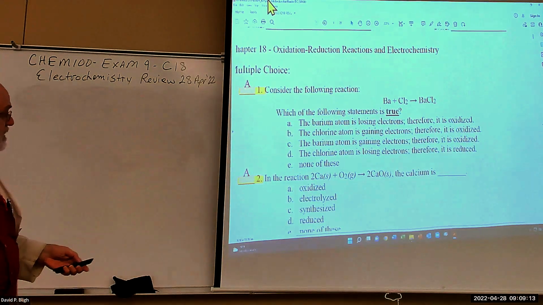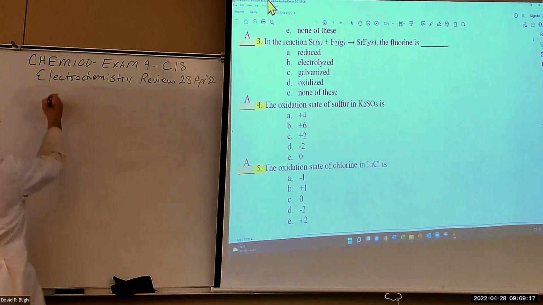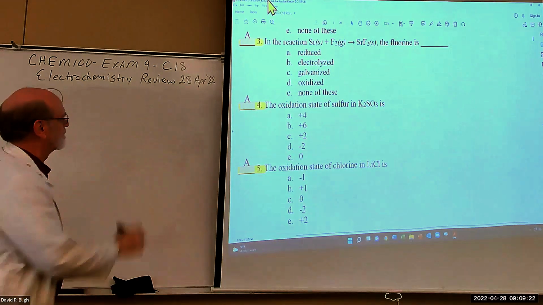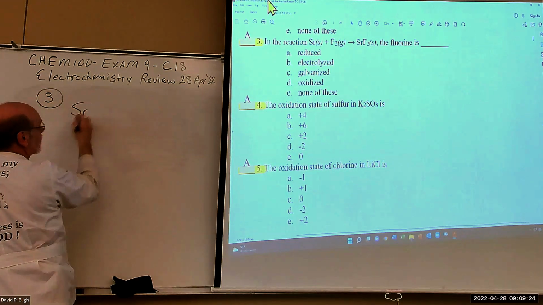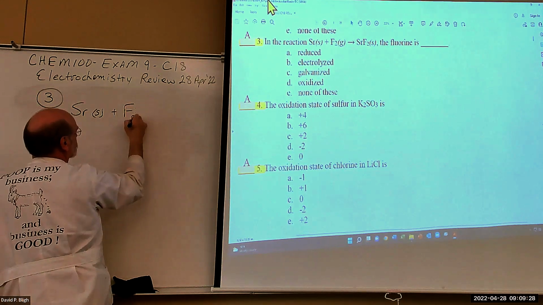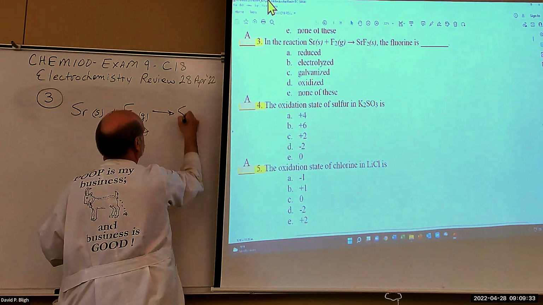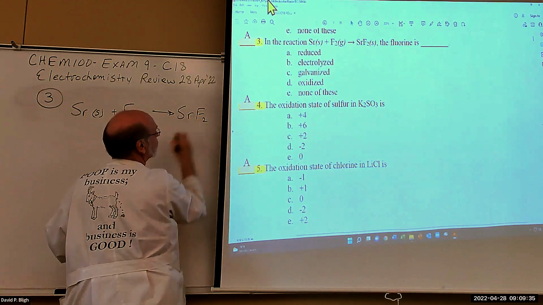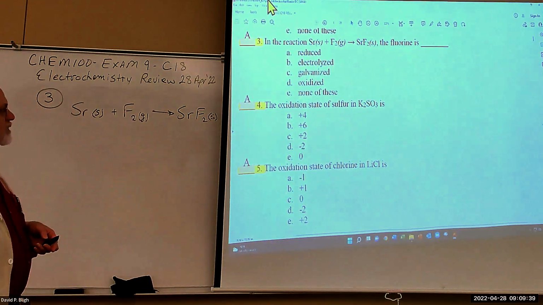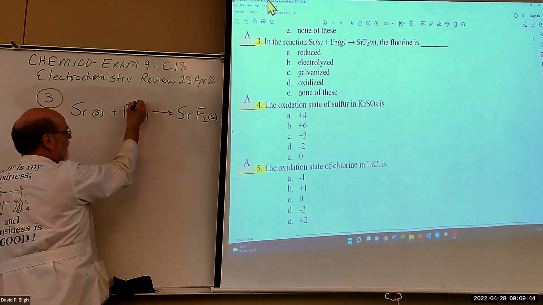Let's see if I can page. Yep, number 3. In the reaction, strontium, which is a metal, and fluorine, which is a gas, yield SrF2, which is a solid. The fluorine is what? Okay, in this case, that's a 0.